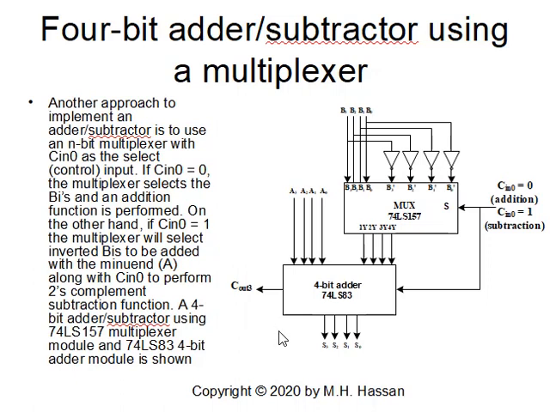So by using a 4-bit adder and a multiplexer, we can design simply a 4-bit adder subtractor. Since this chip is a good, fast adder, we'll get a very fast subtractor. So this is a great substitution for any of the previous circuits that we looked at.